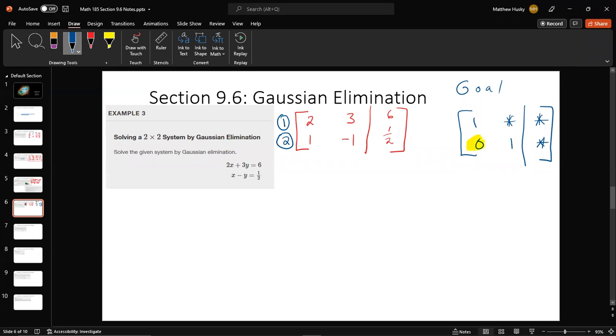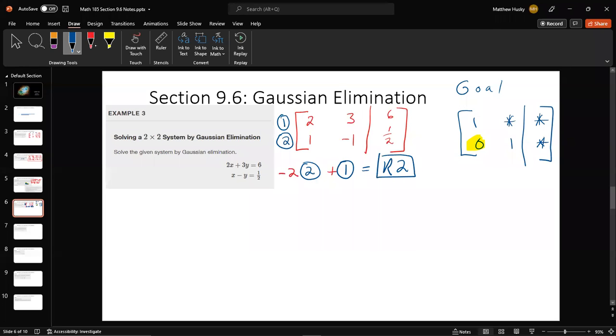And so what I'm going to do to turn this number into a 0 is the following. If I were to do -2 times row 2 and then add row number 1, that's going to be my new row 2.